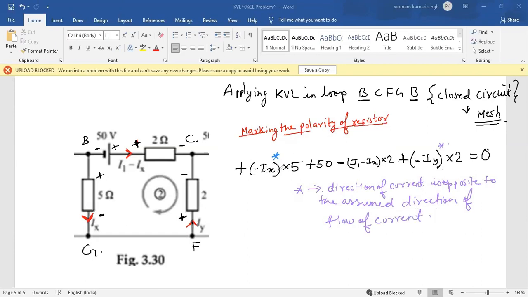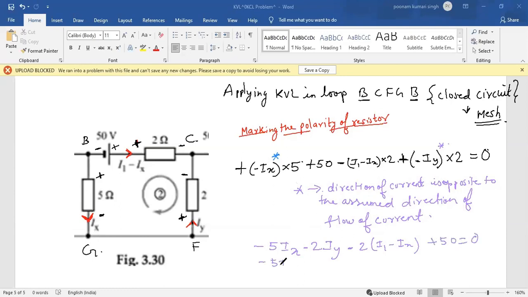Okay, that's why this is minus Ix and minus Iy. Once we have this, I now have minus 5 into Ix minus 2 Iy minus 2 into (I1 minus Ix) plus 50 equal to 0.